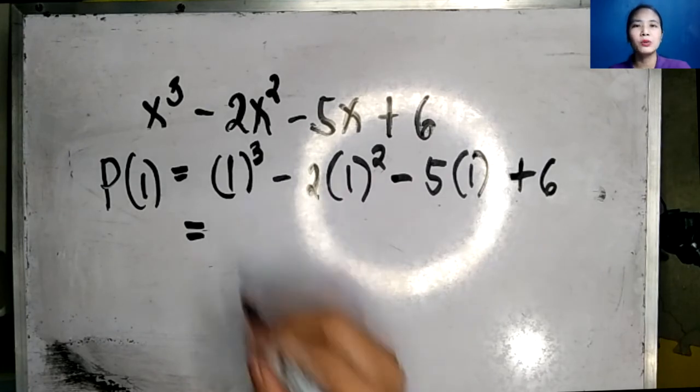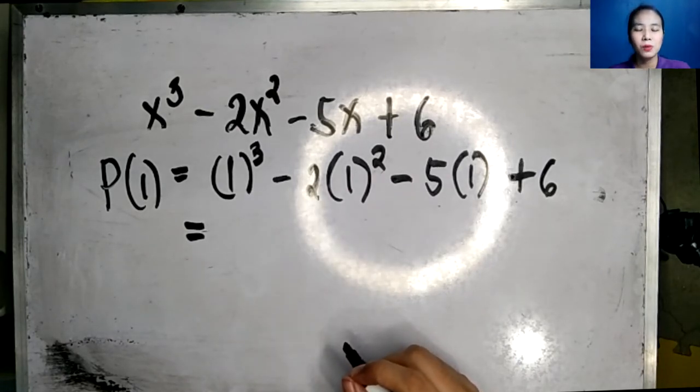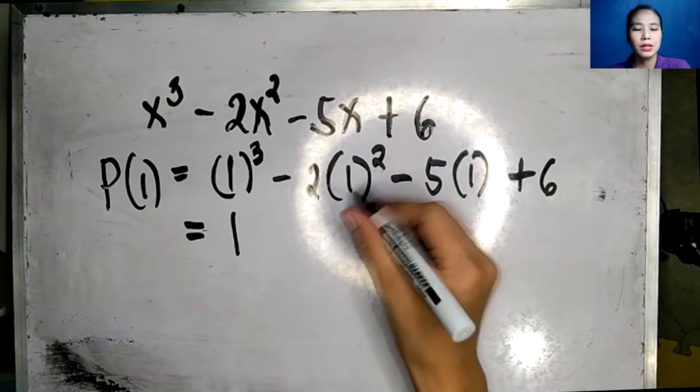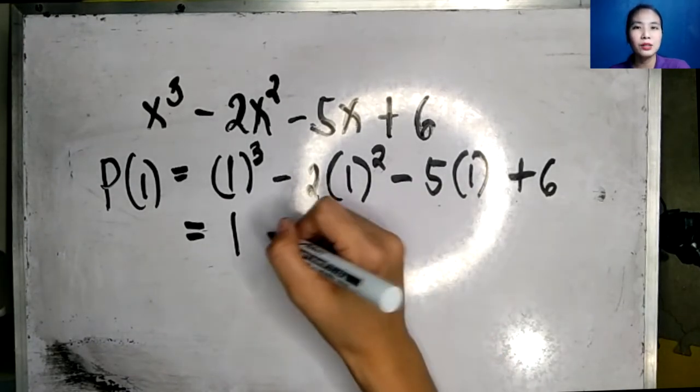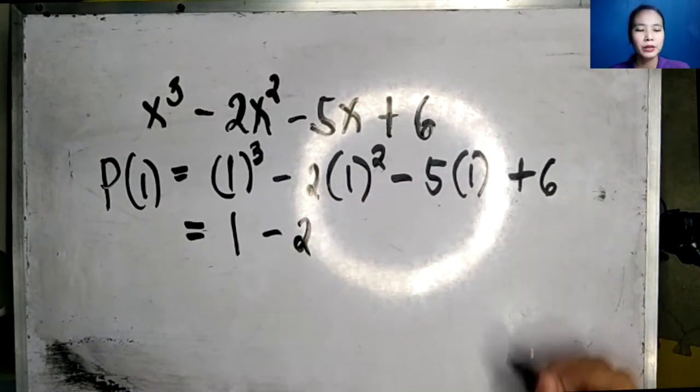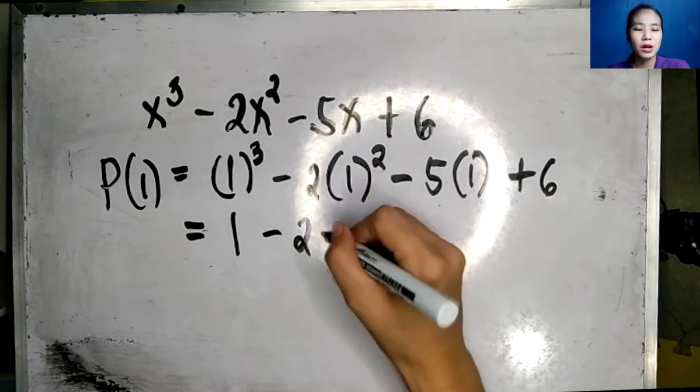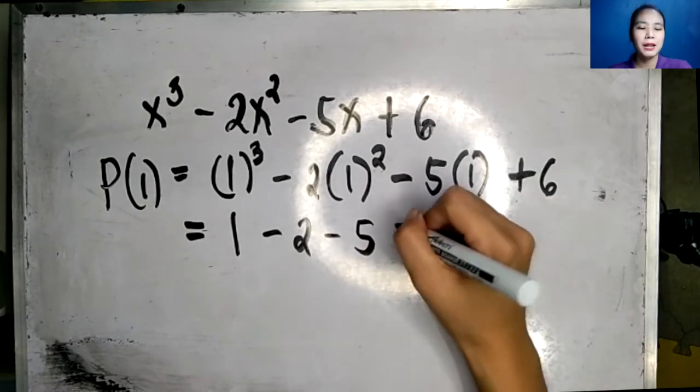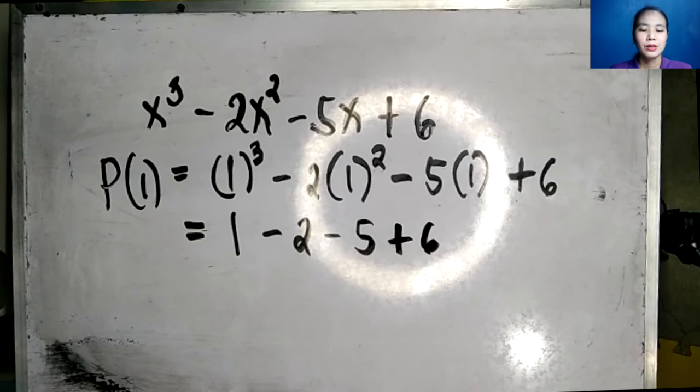Simplifying this, 1 cubed means 1 times 1 times 1 is equal to 1. Then 1 squared is 1 times negative 2 is equal to negative 2. Negative 5 times 1 is equal to negative 5 plus 6. So we have 1 minus 2 minus 5 plus 6 is equal to 0.